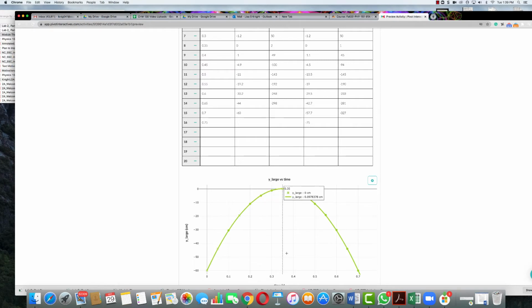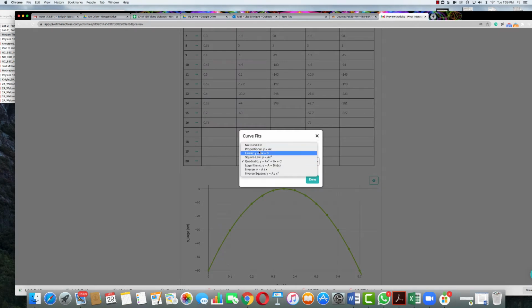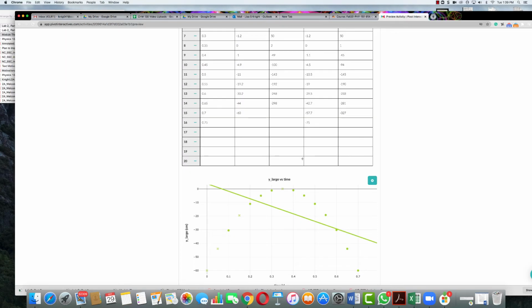Instantaneous velocity is the slope at an instant on the position graph. So to do that, I'm going to change this curve fit to a line. Now, that line is being taken between the average of all these points. So I'm just going to click on these points and turn them off out of the fit.